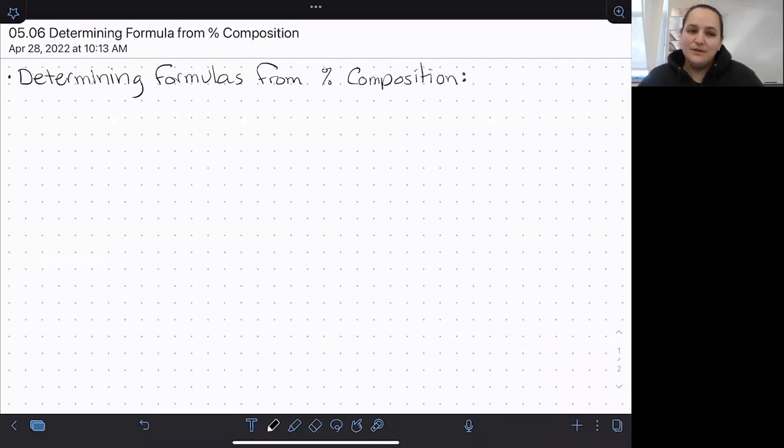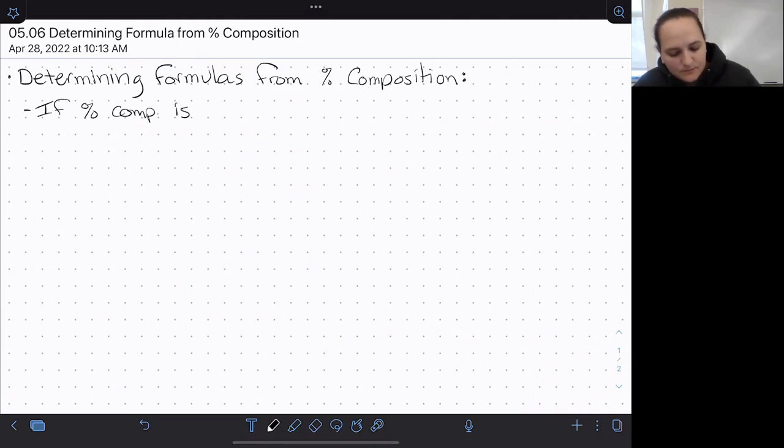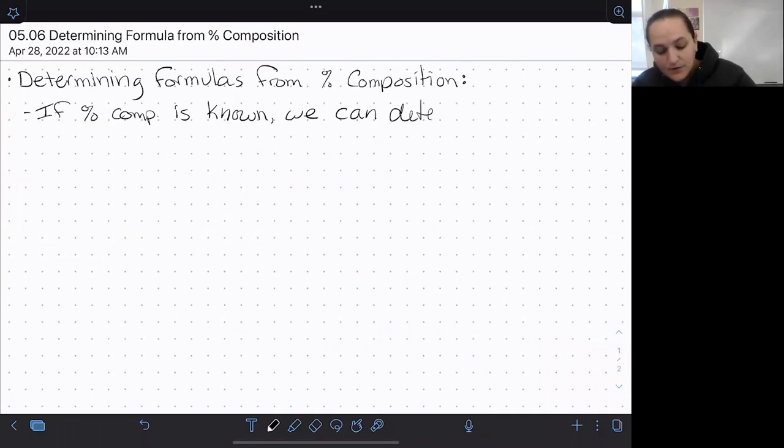In this lesson, we're going to learn how we can use percent composition to determine the formula of a substance. So the most useful thing about percent composition information is that if the percent composition is known, we can use that to determine the empirical formula of that substance.